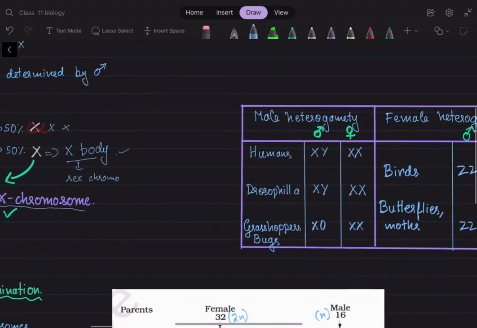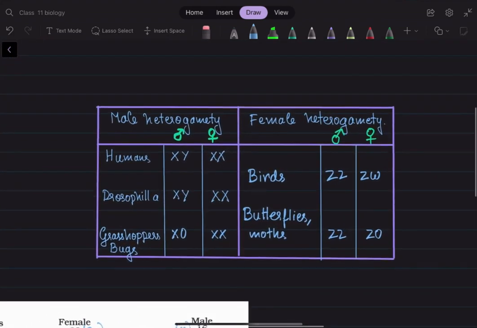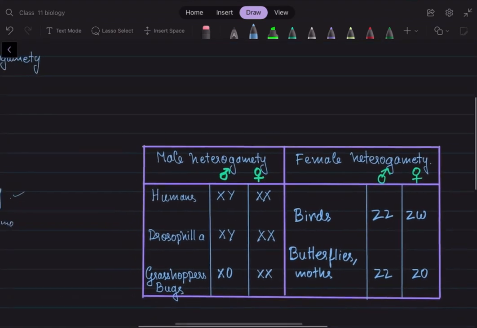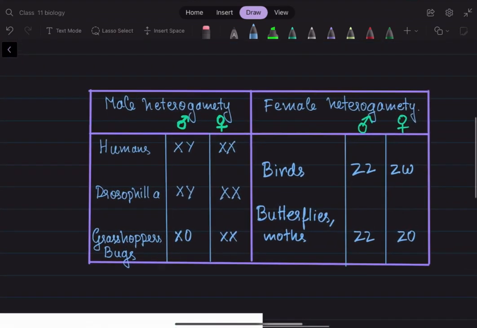To see more examples of this, we have male heterogamety and we have female heterogamety too. As we saw in humans, there is male heterogamety, there is XY for male and XX for female. In Drosophila also it is the same. Drosophila is nothing but a fruit fly. So the same thing is followed here too.